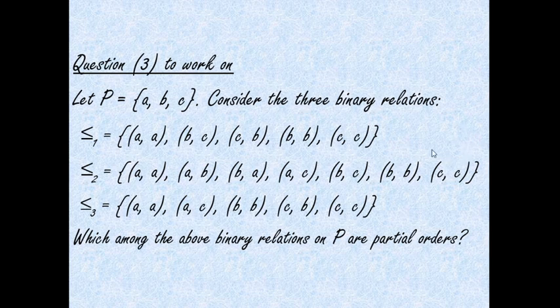The Cartesian product P cross P. The question is, which among the above binary relations on P are partial orders? So what you have to find is, you have to check if they are reflexive, antisymmetric, and transitive. If all the three of them are satisfied, then we can say that the relation is a partial order. So this is question 3 for you to work on.